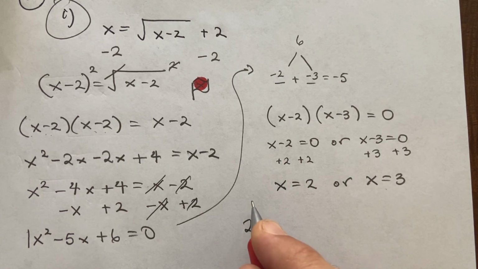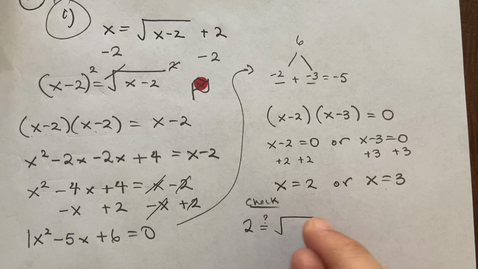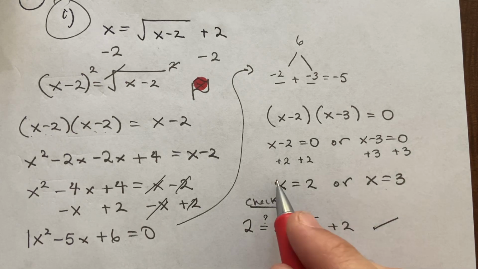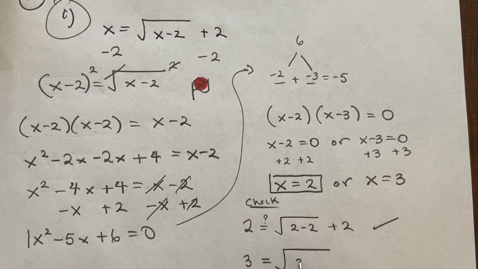So is it true? So this is my check. So is it true that 2 equals the square root of 2 minus 2 plus 2? Square root of 0 plus 2 is 2. True. So at least we have one solution. Is it true that 3 equals the square root of 3 minus 2 plus 2?